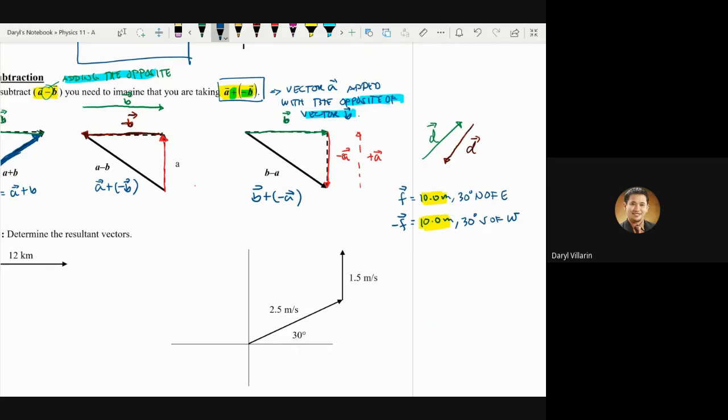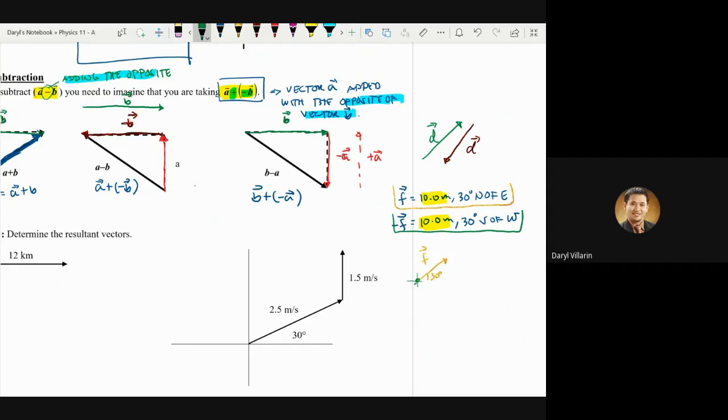Opposite also. So if you're going to draw this one, north of east, this particular vector should be somewhere here. So that is my f. This is 30 degrees. And if I'm going to draw my negative vector of that, that means that it is just in the south of west.